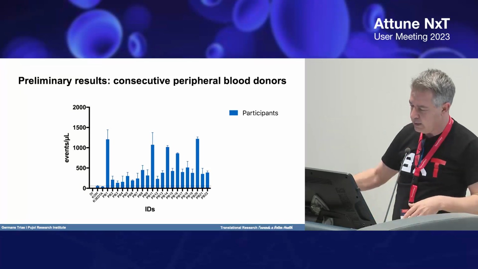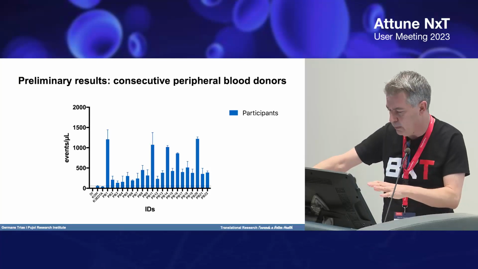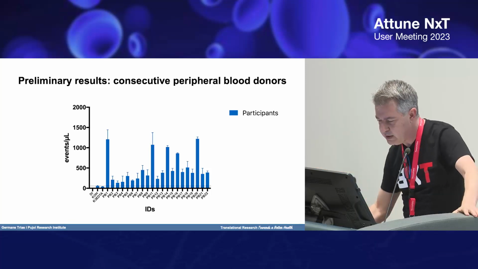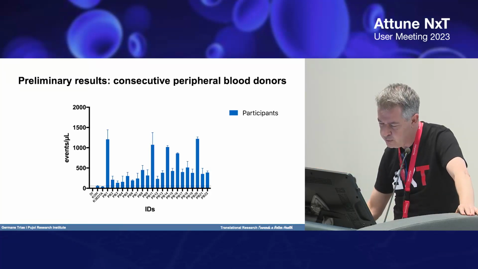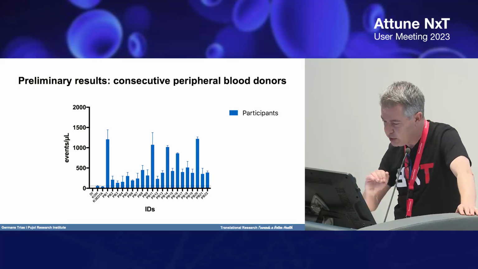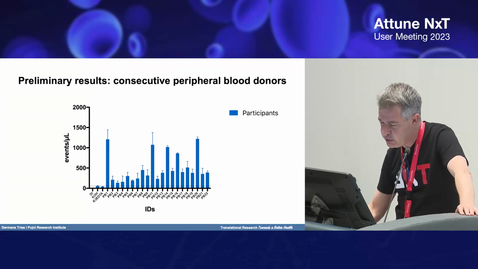Trying to answer the question from yesterday, as all the blood is collected in plastic tubes, we decided to dissolve and use water to monitor the potential contamination coming from the EDTA tubes, just to measure the noise and the potential contamination of these plastic tubes that are used to collect the specimen.